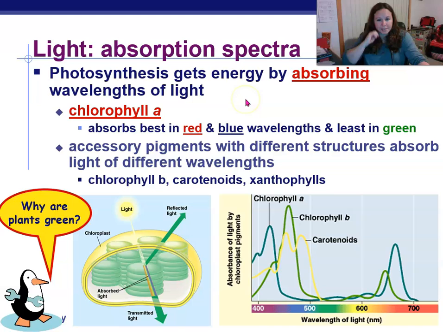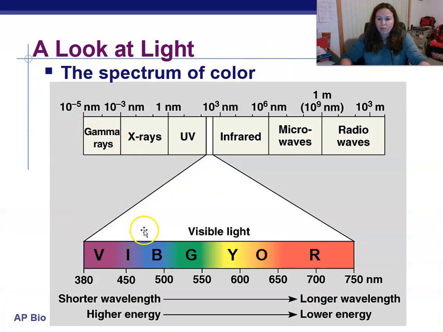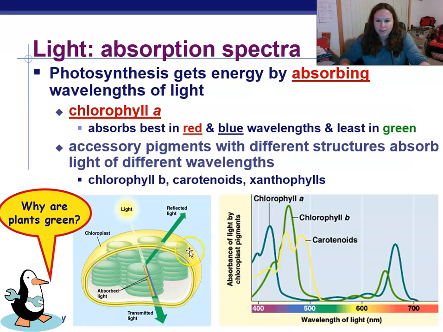All right, so photosynthesis gets energy by absorbing wavelengths of light. So that's what we mean by absorbing the wavelengths of light, particularly in this visible light spectrum, except the green. It's reflecting that off and not using it as much. In fact, we can look at some graphs to see the absorbance of light by chloroplast pigments.